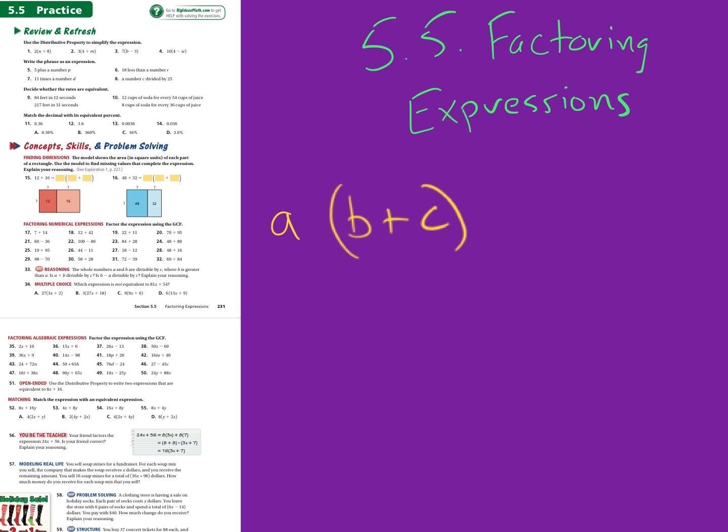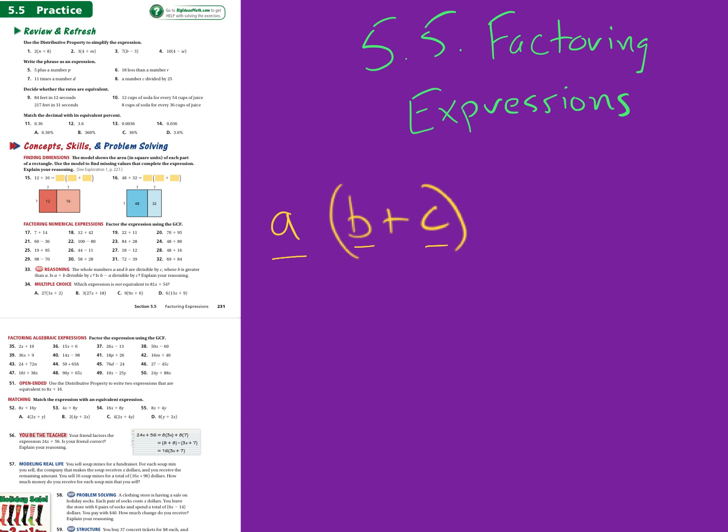For 5.5, we're going to jump to factoring expressions, which is the last concept we're going to be learning in Unit 5. So let's say that we have some unknown numbers, 3 of them, A, B, and C. And let's say we set it up like a distributive property and we say, let's simplify this by using distributive property.